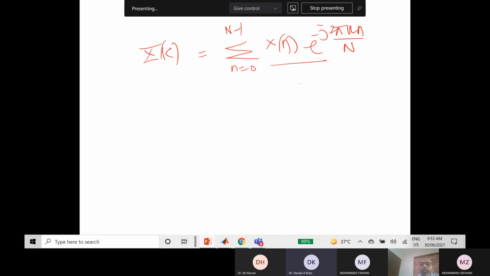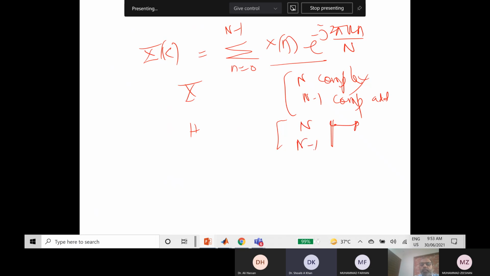So it requires N complex multiplications and N minus 1 complex additions for computing the FFT of x. Then computing the FFT of h will require N complex multiplications and N minus 1 complex additions.